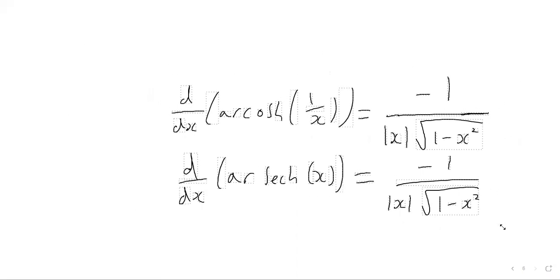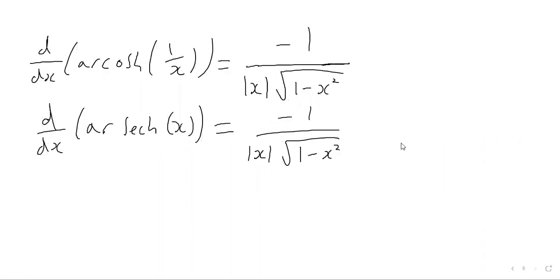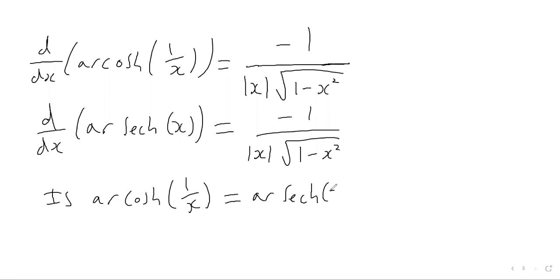So the natural question becomes, is this arcosh of 1 over x function the same as this arsech function? So is arcosh of 1 over x equal to arsech of x for all x values in their domains?